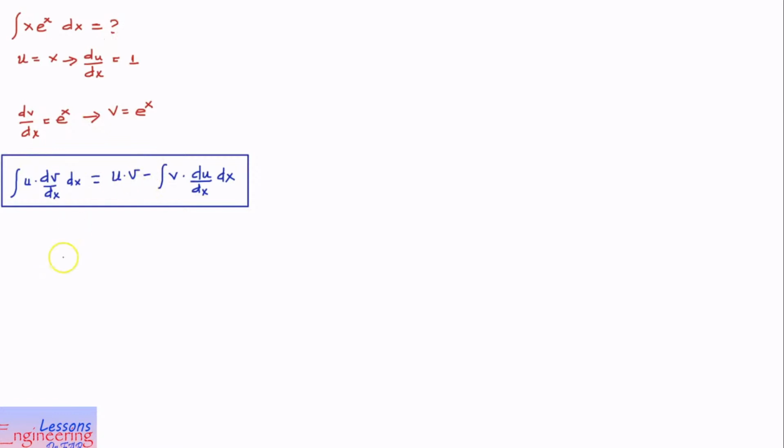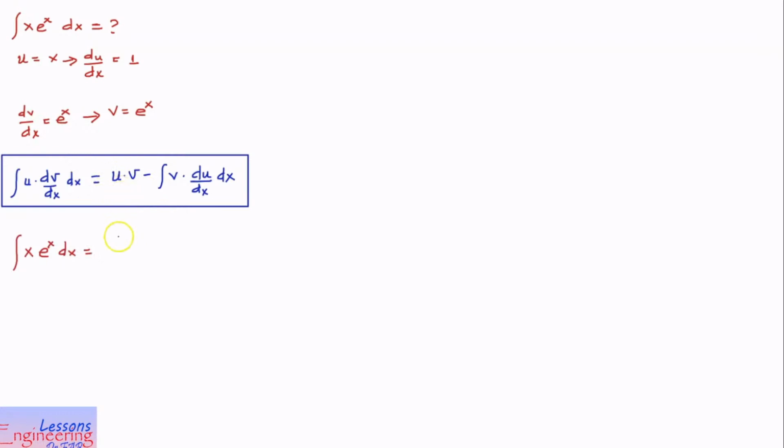We can now write the integral of u, which is x, and dv by dx, which is e raised to x, dx. This is the problem we're aiming to solve.